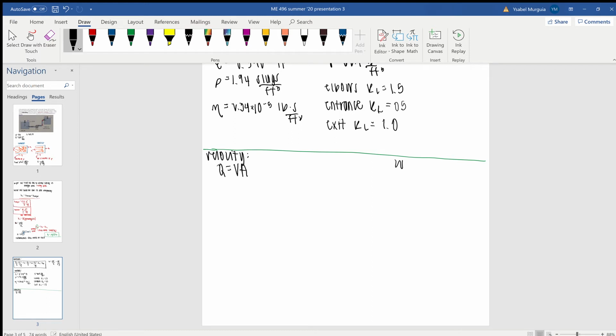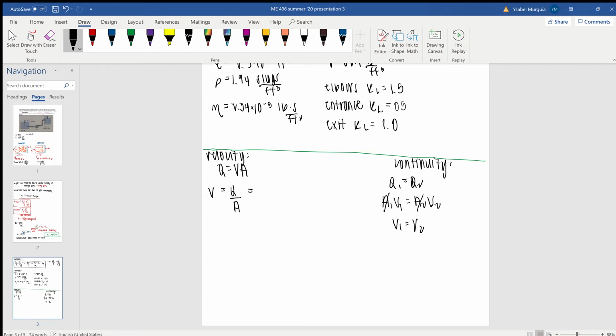Using continuity, Q1 is going to equal Q2 at both points that I selected, which means A1 V1 equals A2 V2. Since the area and diameter of the pipe are the same throughout, V1 will be equal to V2. So V is going to be equal to Q over A.